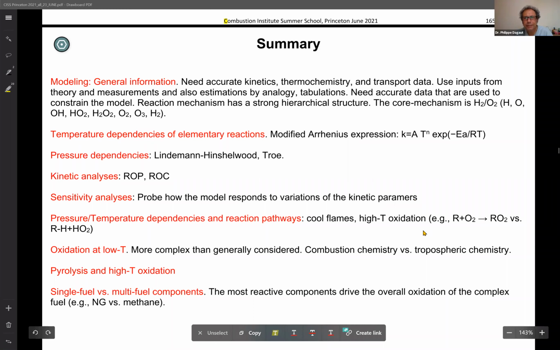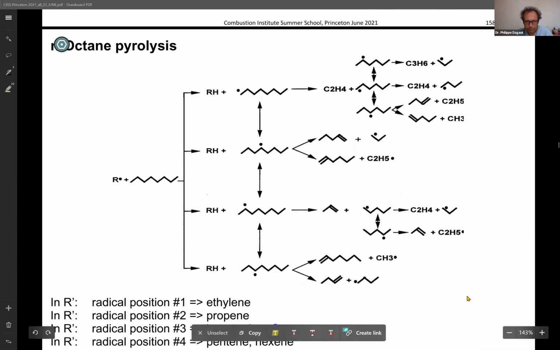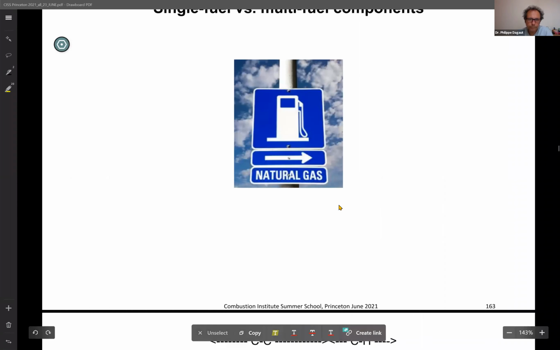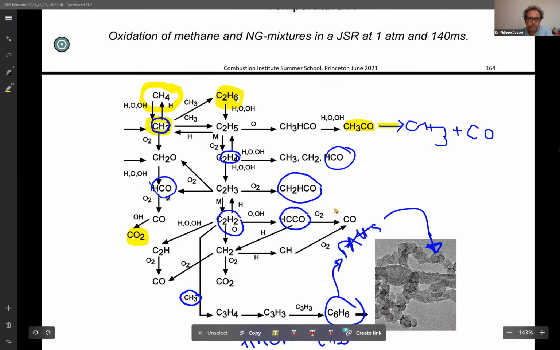In the pyrolysis chemical reaction pathway that I discussed, it also leads to the formation of coke in fuel lines, which is only due to thermal breakdown of the fuel and in the absence of oxygen. So in the reaction mechanism of methane that you've shown, there is one pathway that leads to formation of acetylene in the absence of oxygen, and this can then undergo the HACA pathway to form coke.